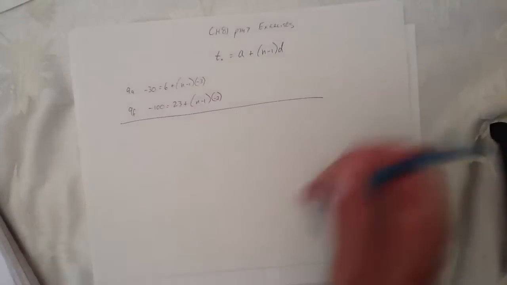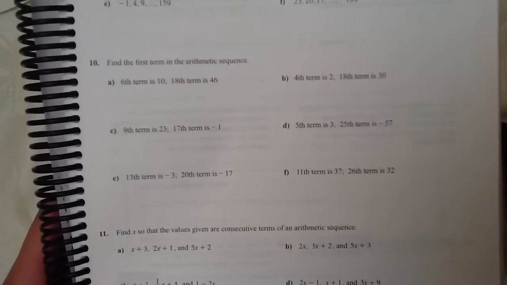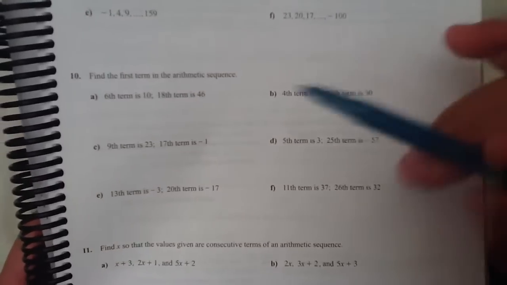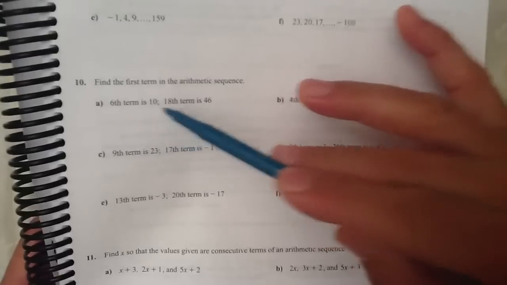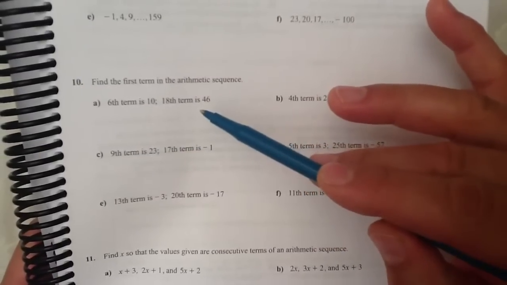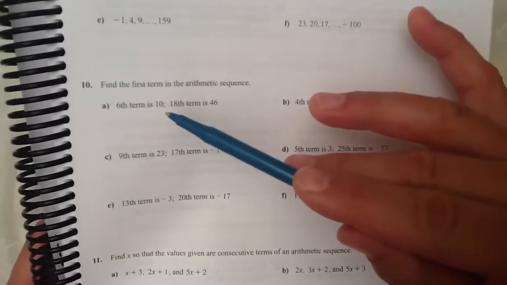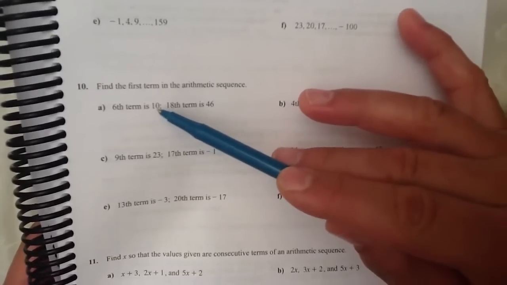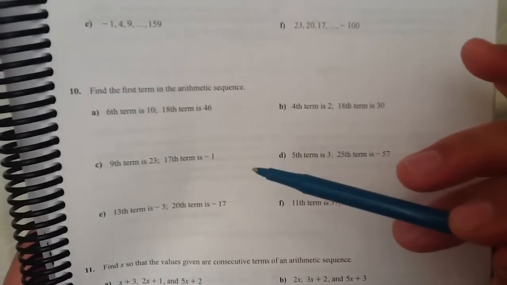Okay, let's look at number 10. Number 10 gives you the 6th term and the 18th term in this sequence. It tells you that the 6th term is 10 and the 18th term is 46. Well, if nothing else, we can tell that d is a positive value. So there's 12 terms separating the number 10 and the number 46.